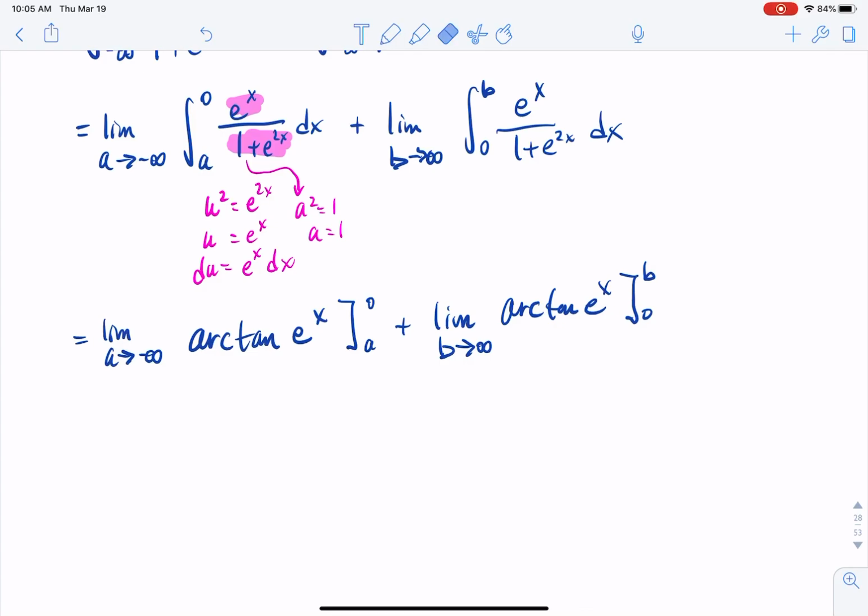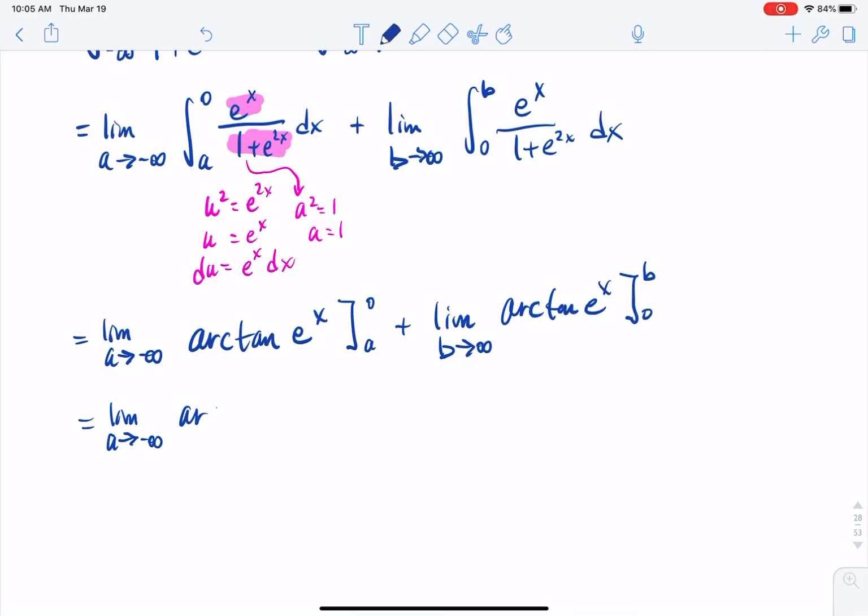Nice. Okay, let's evaluate each one of these using the fundamental theorem of calculus. So arctangent, what a mess.